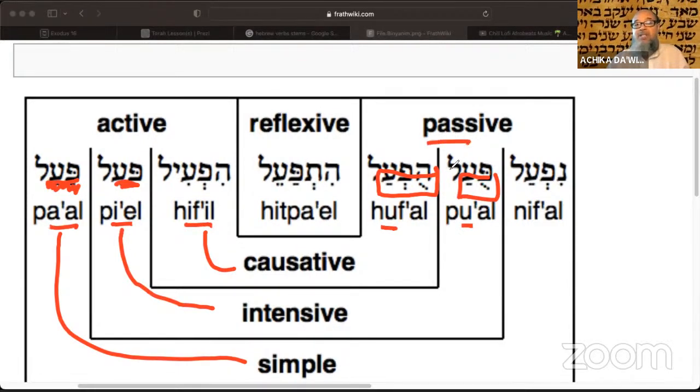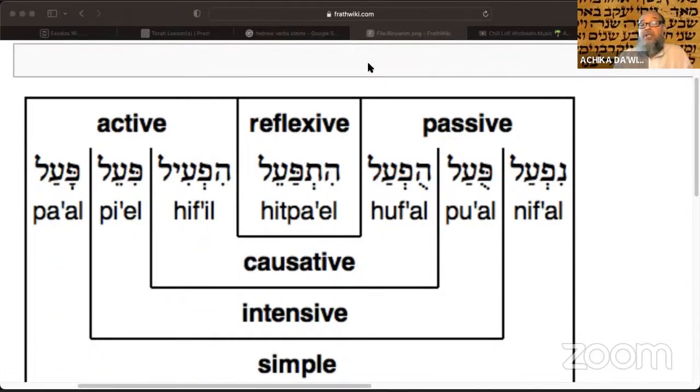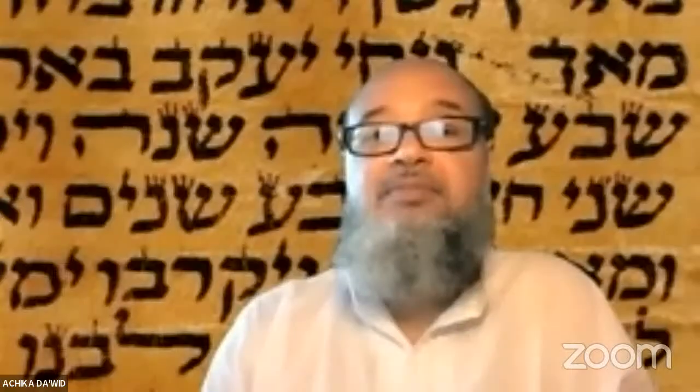So when you hear something at the end, or the beginning, the pu'al, then you know, oh, that's passive. You hear that right there, it lets you know, oh, that's active. The a is active, the u is passive. So all you do is just replace it with whatever root you want to use. That's the only thing I wanted to show you. And of course, we're going to continue to go over it. Okay.